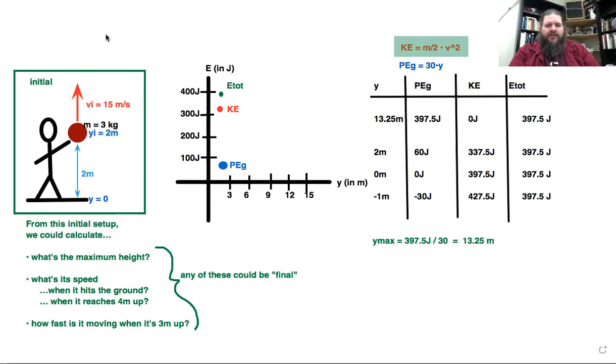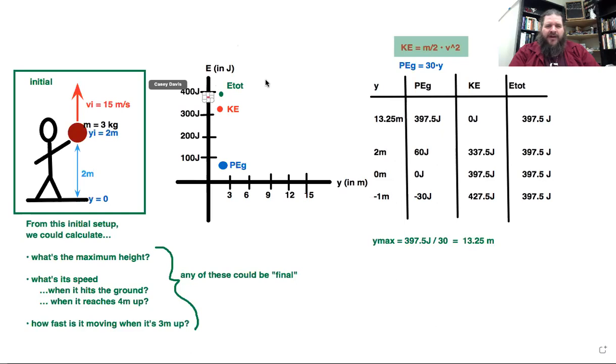And likewise at 0, we could say at 0, potential energy is 397.5. And kinetic energy is all the way down at 0. Or no, sorry, kinetic energy is not 0. Kinetic energy is all the way up at 397.5.